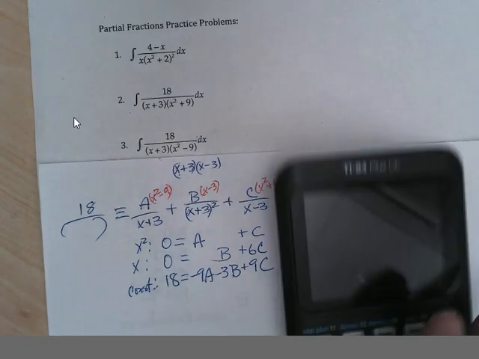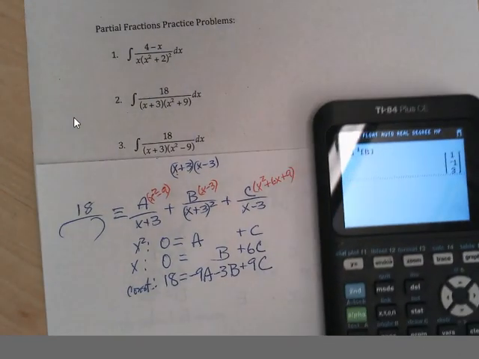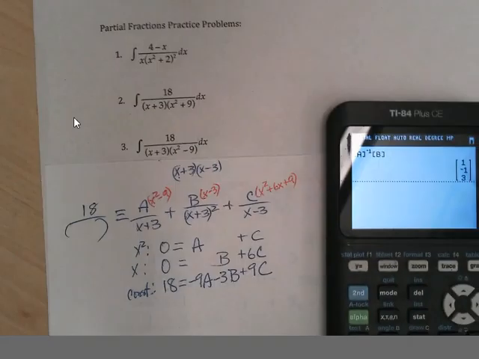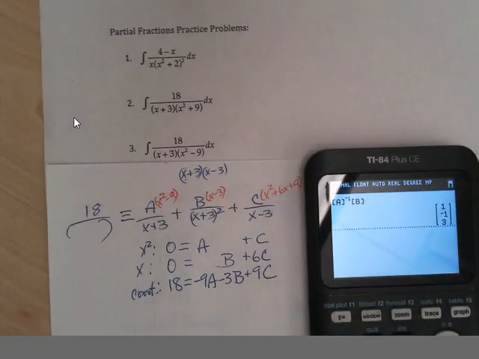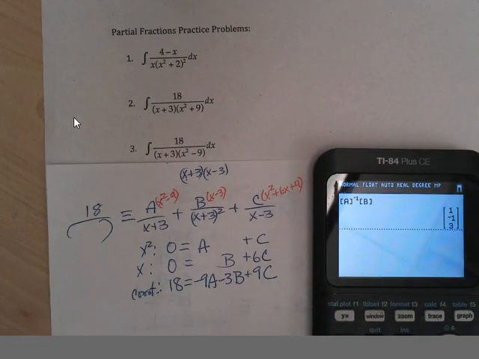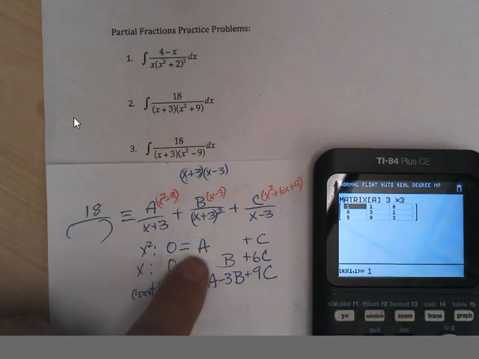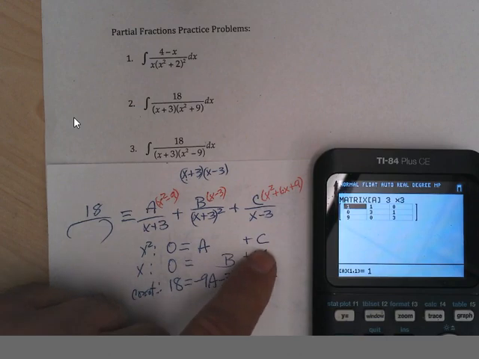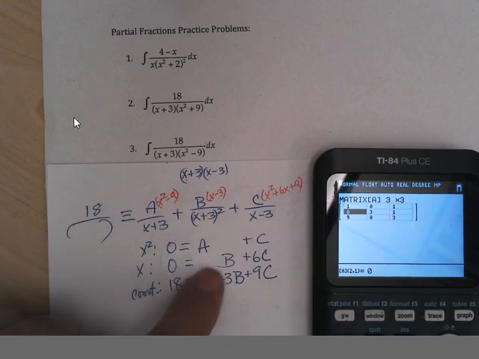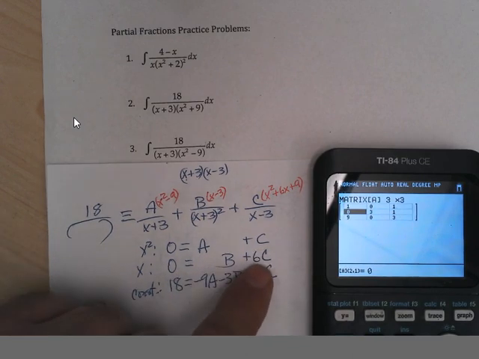Okay. Second matrix, edit A, 1, 0, 1. And then 0, 1, 6.